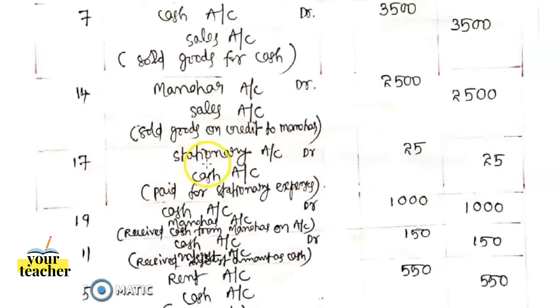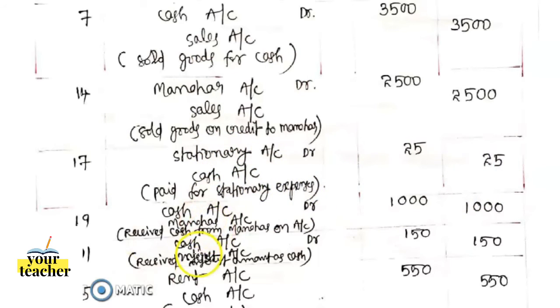So this amount spent for stationery is an expense. So the stationery account will be on the debit side. You have rupees 25 on the debit side, and you are paying it as cash, so the cash account you give on the credit side. Paid for stationery expenses is the explanation for that.